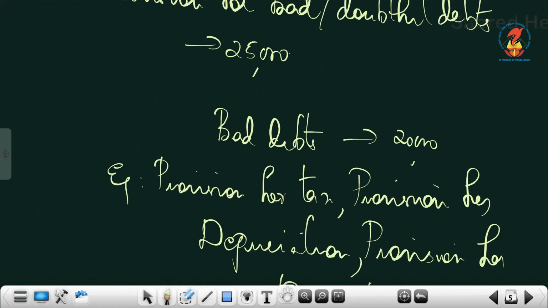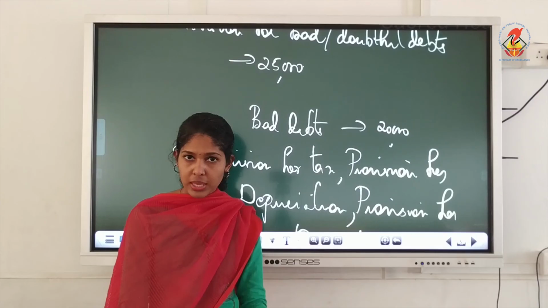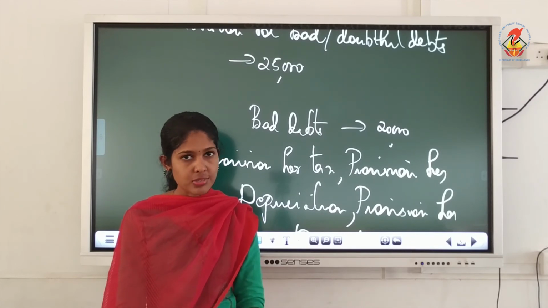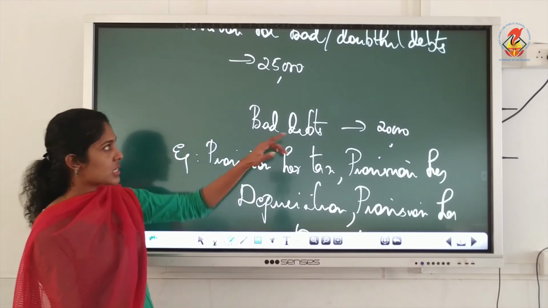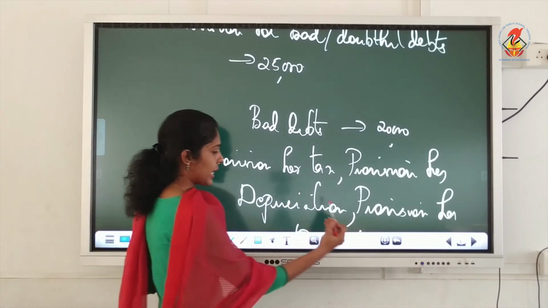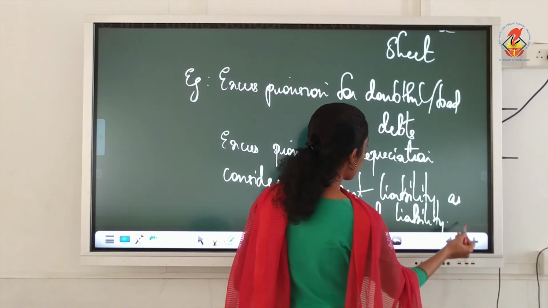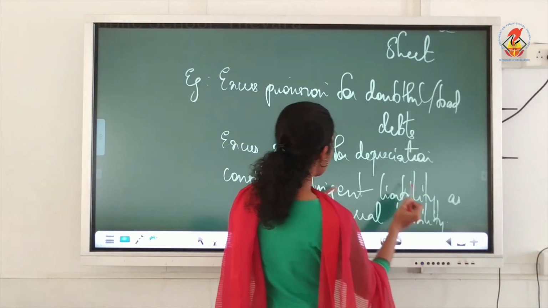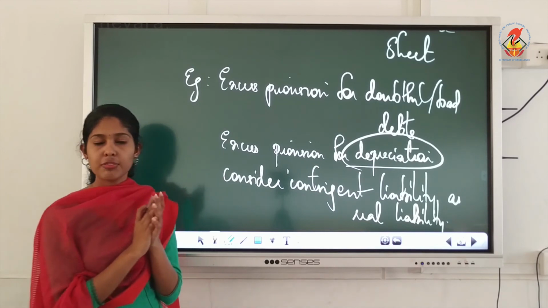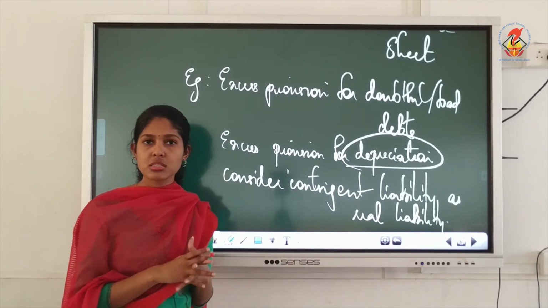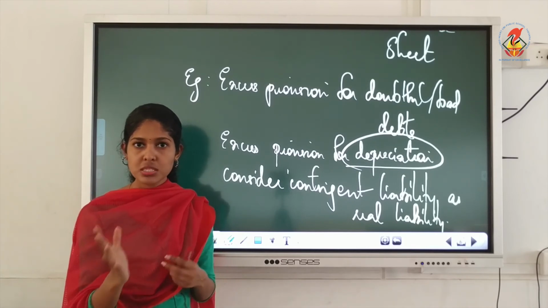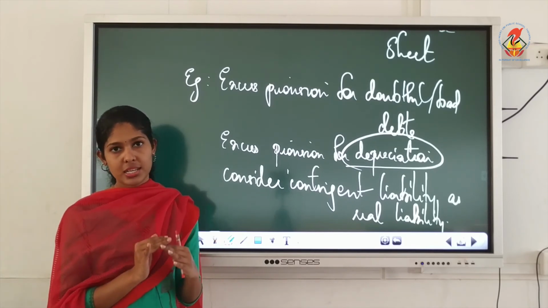No, because that is a specific provision, and that way it leads to creation of secret reserve. Understood? So that 5,000 will remain as a secret reserve which we can't use for any other purpose. Similarly, if you keep an excess amount as provision for depreciation, we can't use it for any other purpose. It will remain as a hidden reserve.